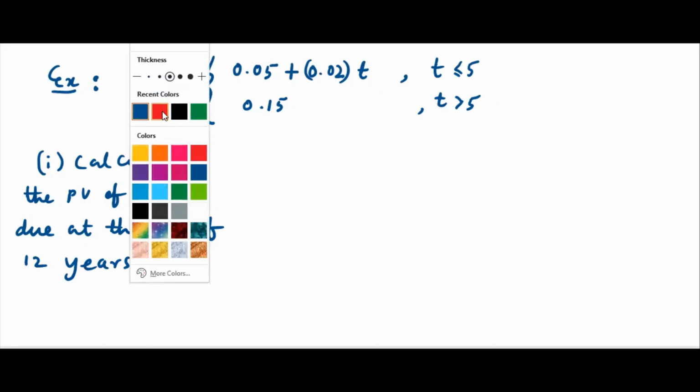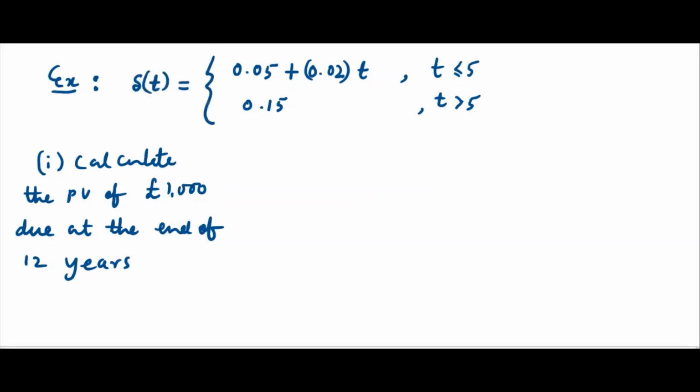That means you have to find the present value of 1000. This is what you need to find. 0, 12 here, 1000 is due. You find the discounted value.